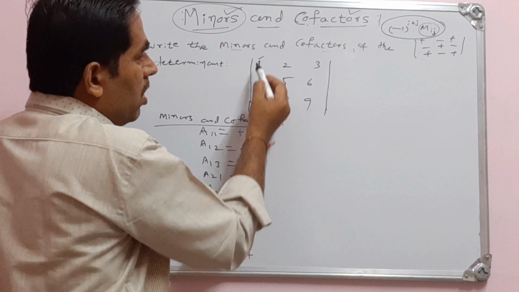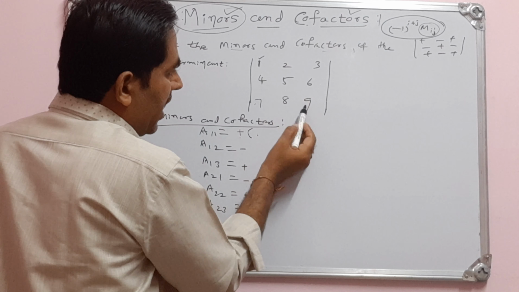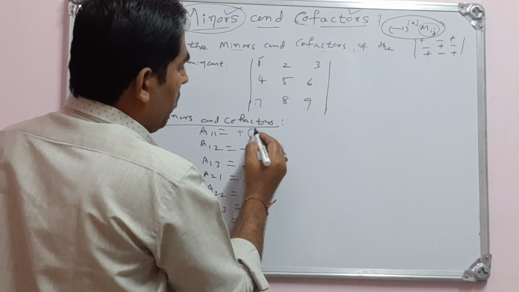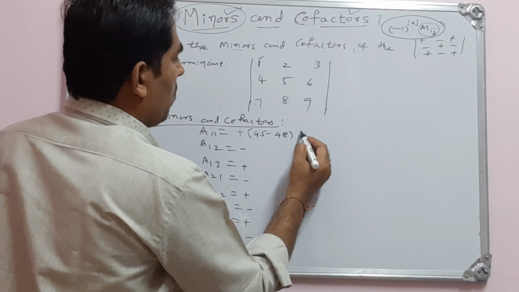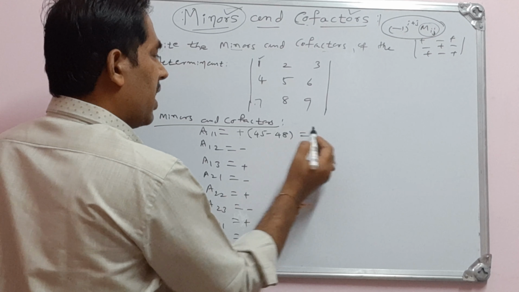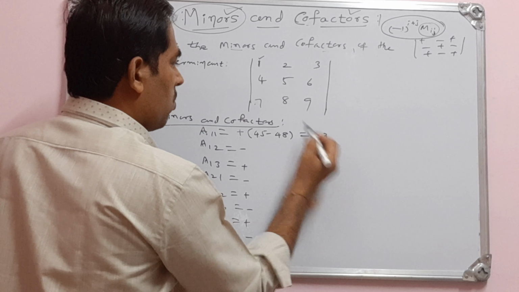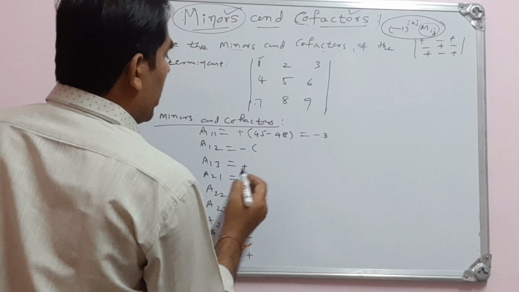I am talking about 1, so leave this column and this row. What I got here is 5 6 8 9. You can do the rough work separately. 5 nines are 45, 45 minus 48, that is minus 3. So plus of minus 3 will be minus 3.